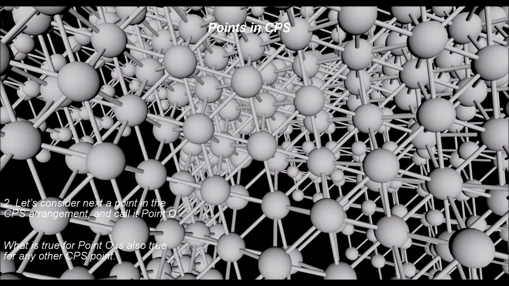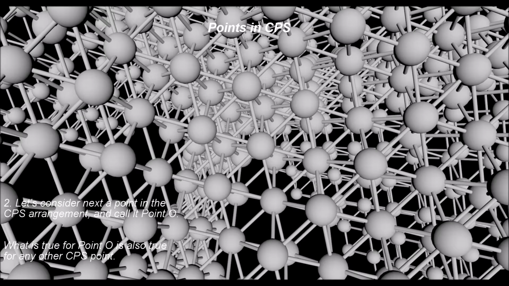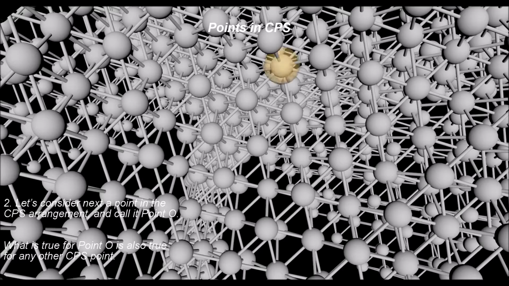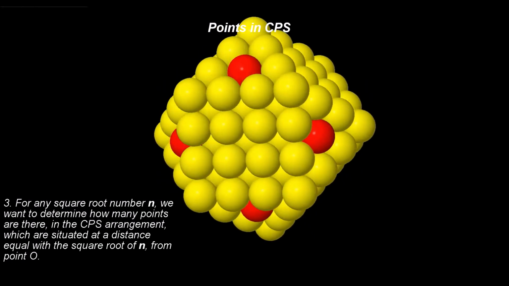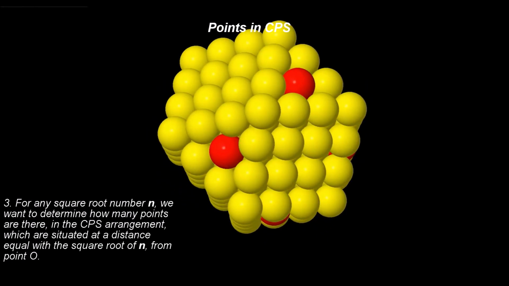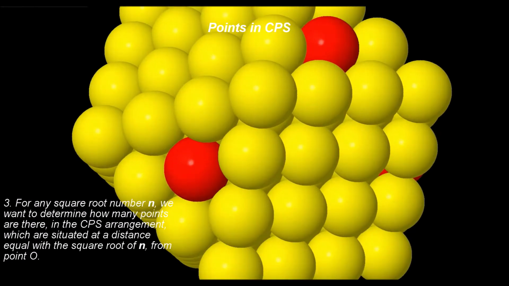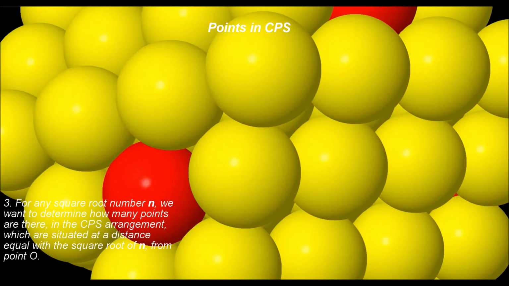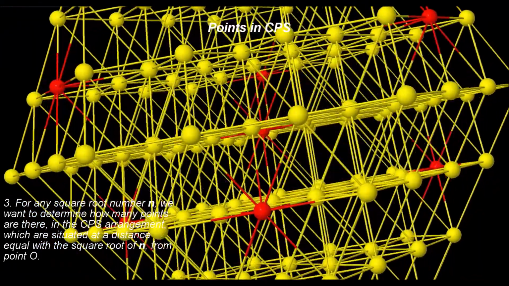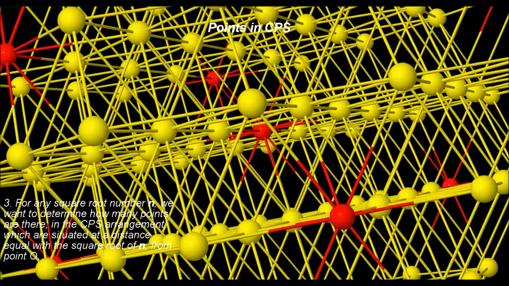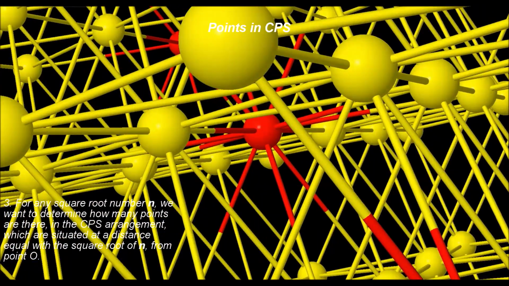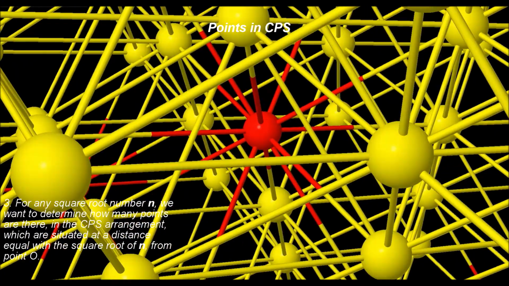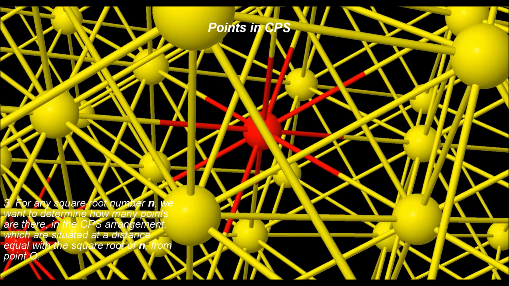Let's consider next a point in the CPS arrangement, and call it point O. What is true for point O is also true for any other CPS point. 3. Now, for any square root number, n, we want to determine how many points are there in the CPS arrangement, which are situated at a distance equal with the square root of n from point O. This is the CPS function.